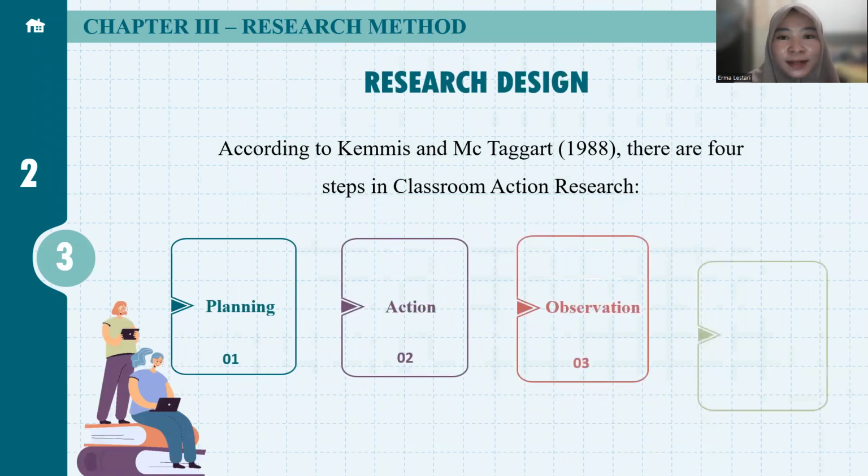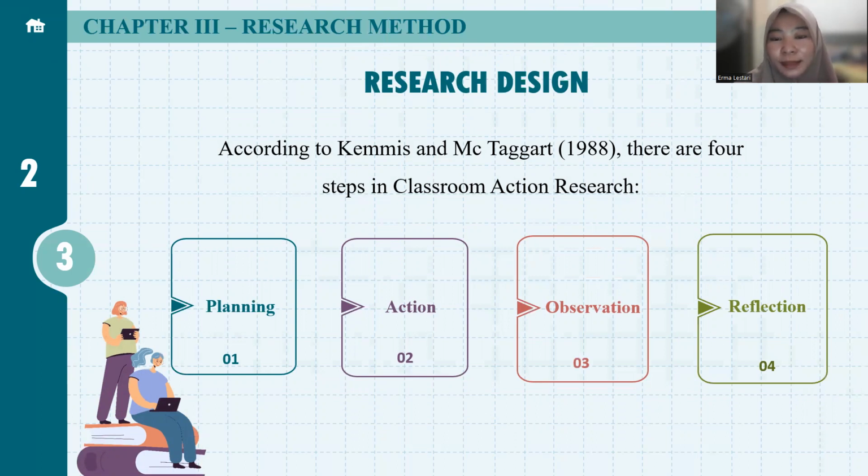For the research design, the researcher adapted Kemmis and McTaggart, where there are 4 steps in classroom action research. The first is planning, the second is action, the third is observation, and the fourth is reflection.